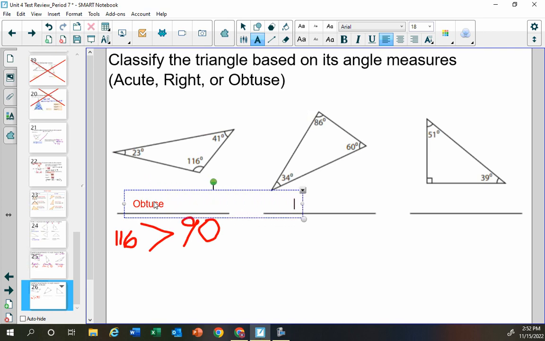Okay, what about the middle one? Why is it acute? Well, that doesn't mean anything. Be careful. What do we see about all three of those numbers? Well, but why? Well, that's not going to cut it. Because if you didn't see that 60 there, that looked like a right angle. But they're all under 90.